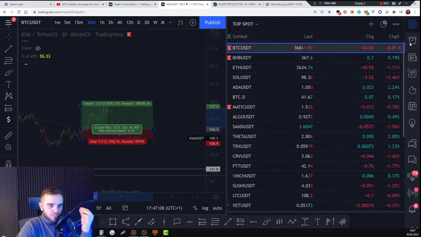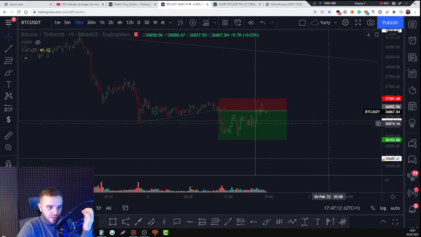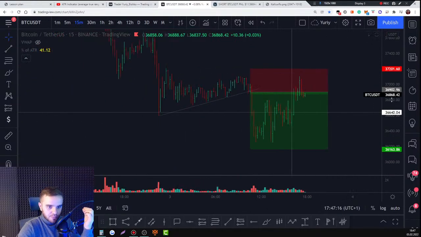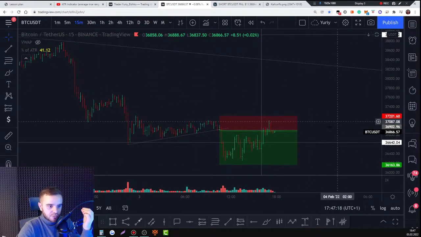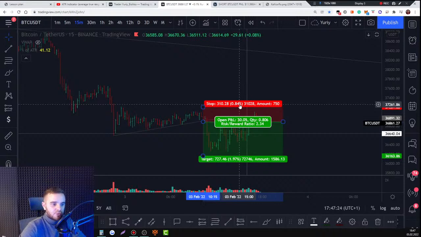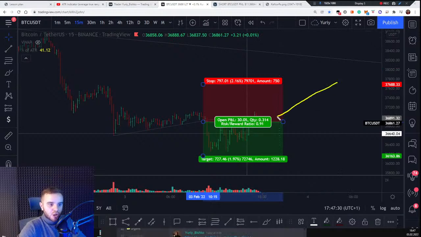Here is the most important point where a lot of people get confused. Because, my friends, once more, pay attention to these numbers and you will understand what I mean. Imagine we take this short trade and our stop loss is 0.84. But if our stop loss would be 2.16, the quantity is 0.31.